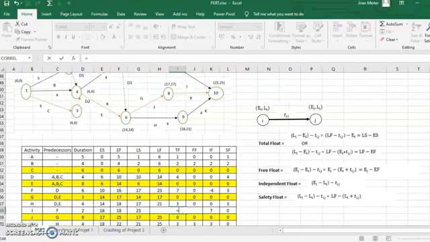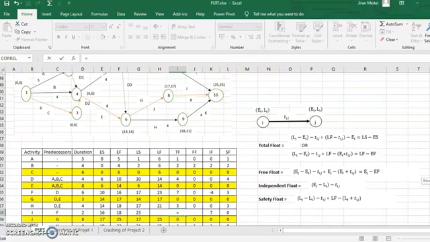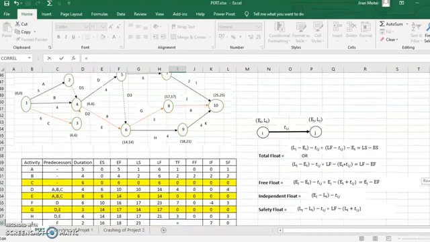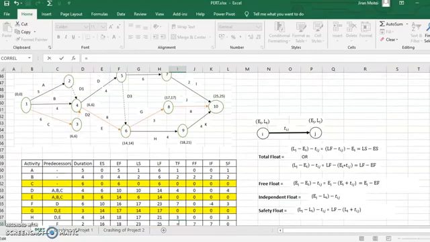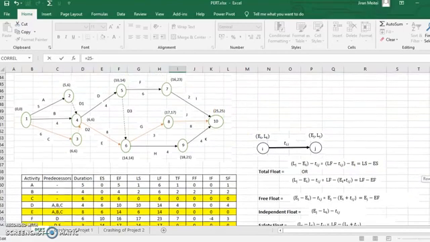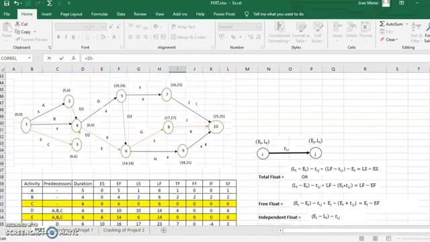For activity I, your LJ is 25 minus EI, which is 16.